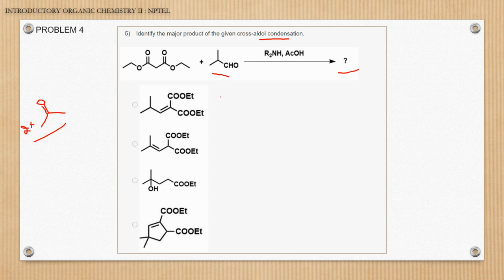Any guesses? So this secondary amine, guys, has a lone pair of electrons present on the nitrogen.